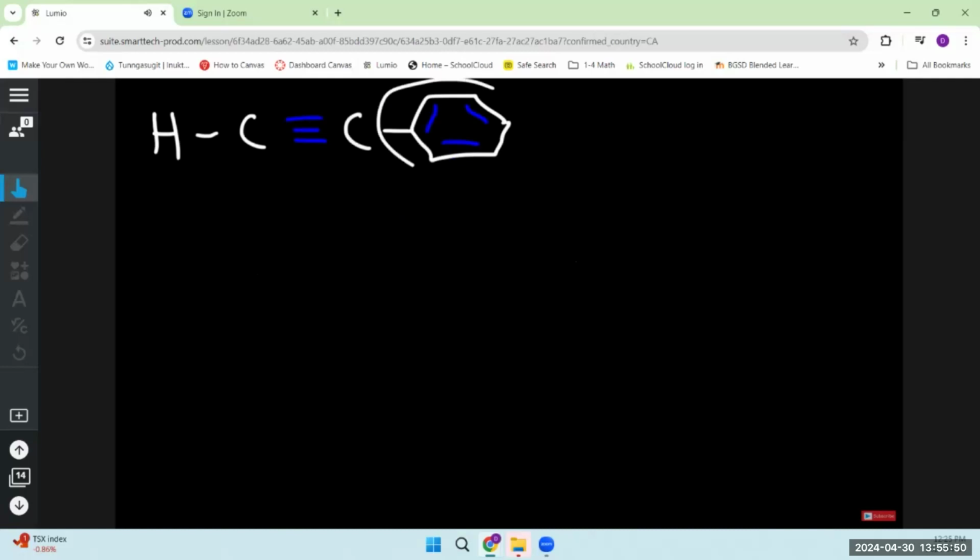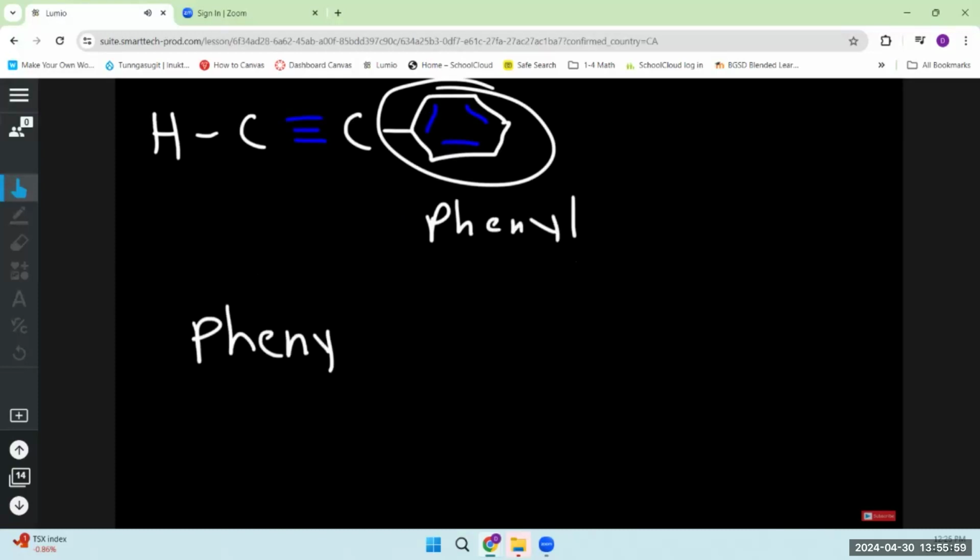Notice that whenever you have a benzene ring as a substituent, it's called phenyl. So to name this, it's simply going to be phenyl acetylene. And for the common name, you need to write it as one word. So if you see me put a space, it really should be together as one word. So just keep that in mind.